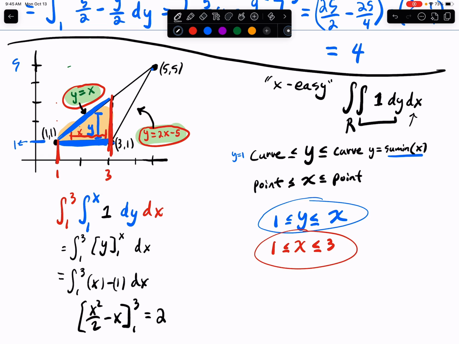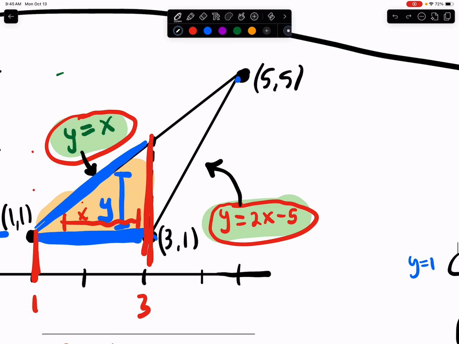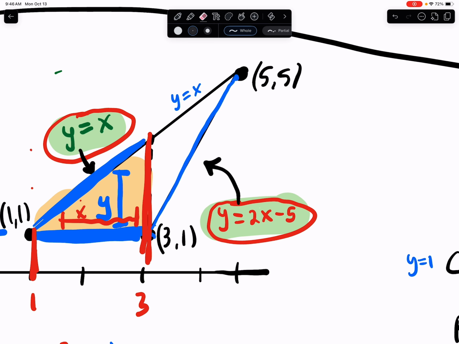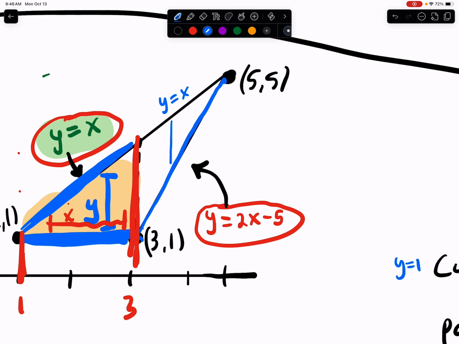Let's do it for the second part of the triangle. So up here, okay. So if I'm going to do this, I need to figure out what, so y equals x here. Now here, y equals 2x minus 5. So the y value ranges between x and 2x minus 5.